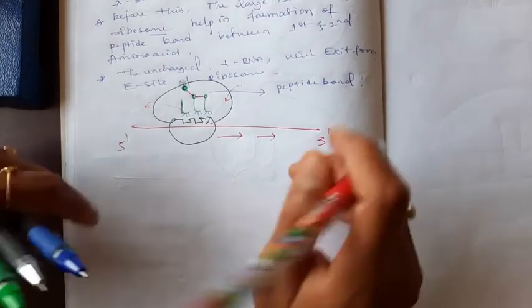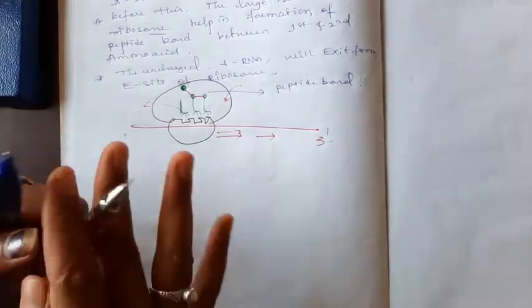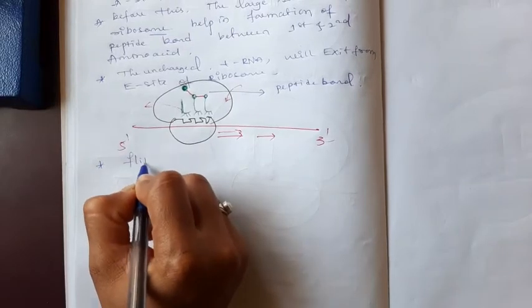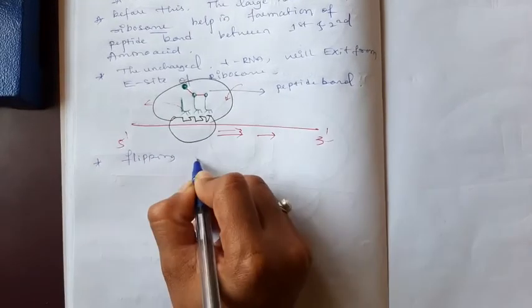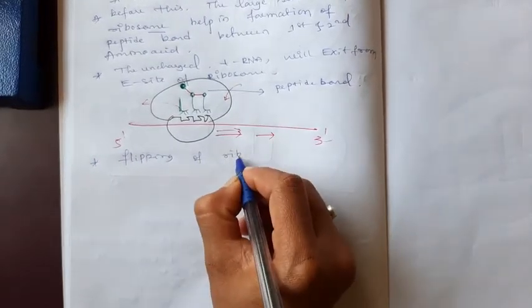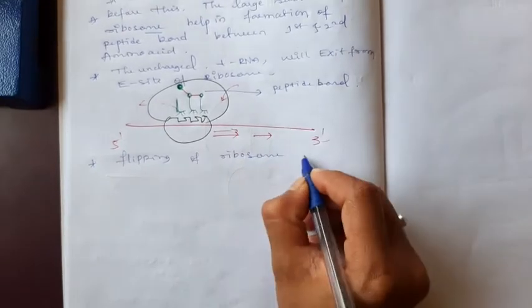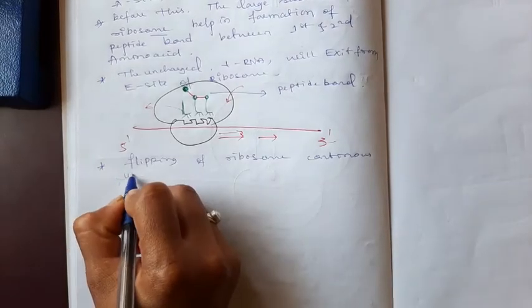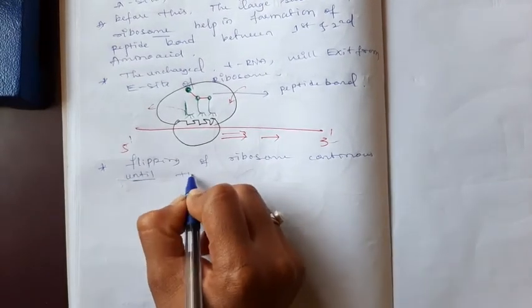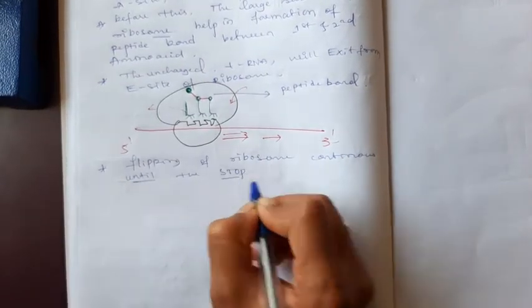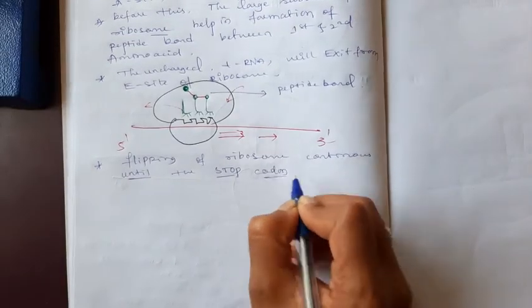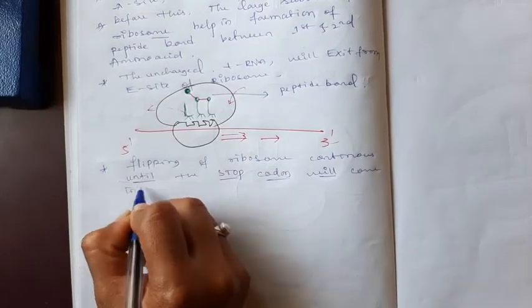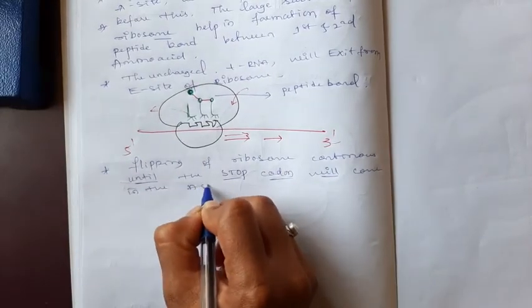The shifting or flipping of the ribosome continues until the stop codon comes in the A site.